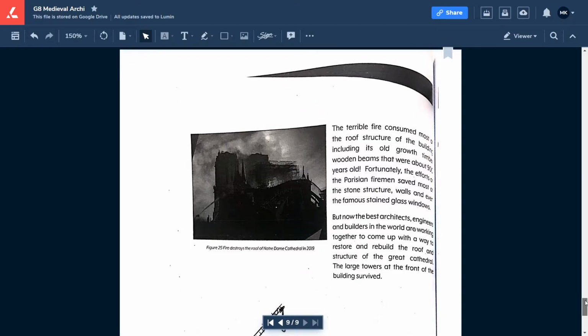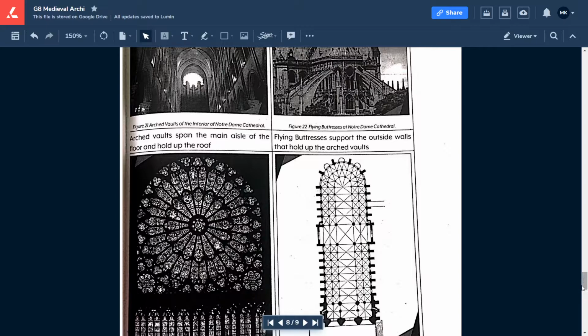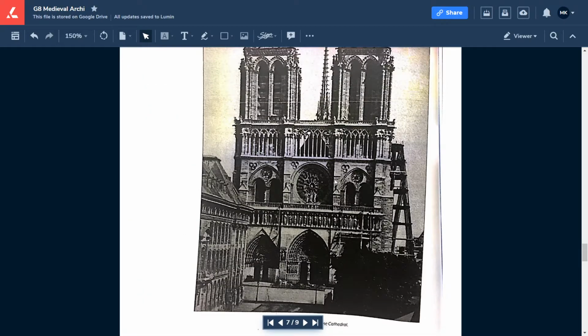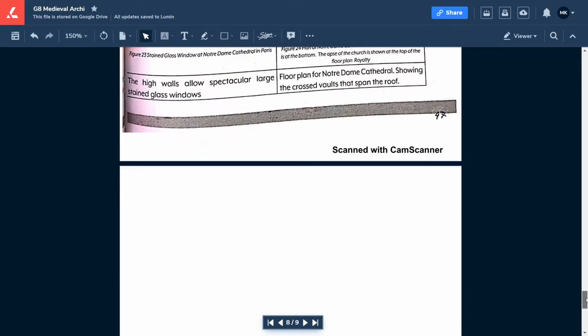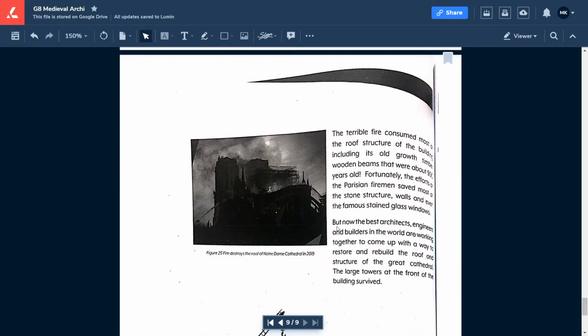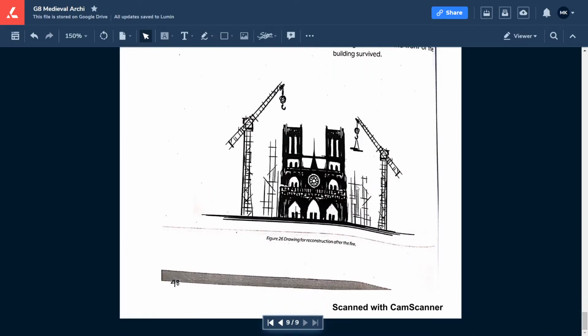So, the stained glass window on the facade here was saved from the fire. But now the best architects, engineers, and builders in the world are working together to come up with a way to restore and rebuild the roof and the structure of the great cathedral. The large towers at the front of the building survived.